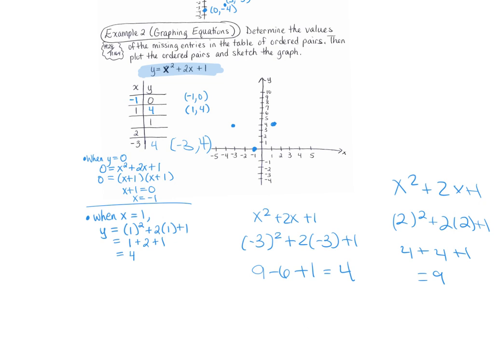So it's going to be 2, 9. What's the corresponding point? 2, 9. And I'm going to go right 2 and up 9. Right here.